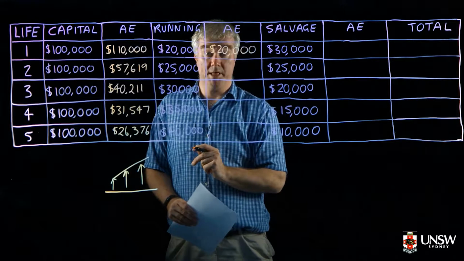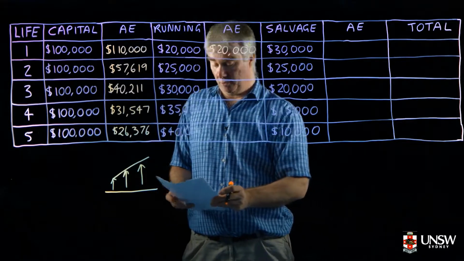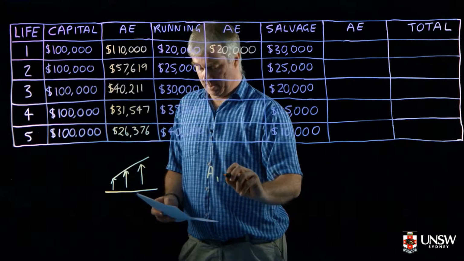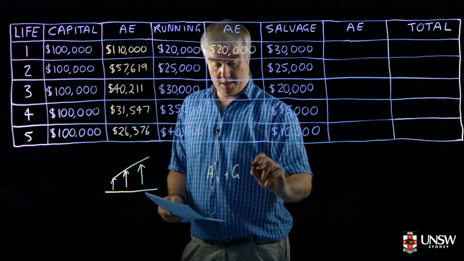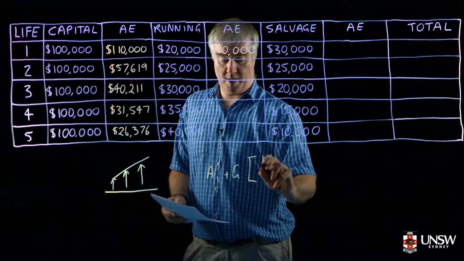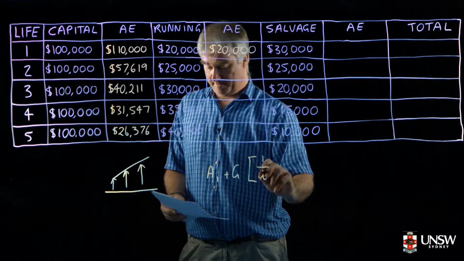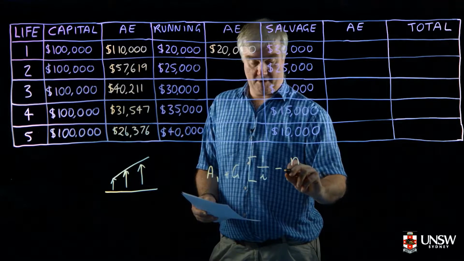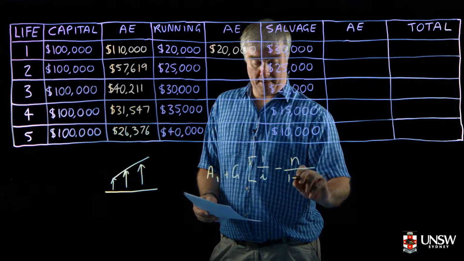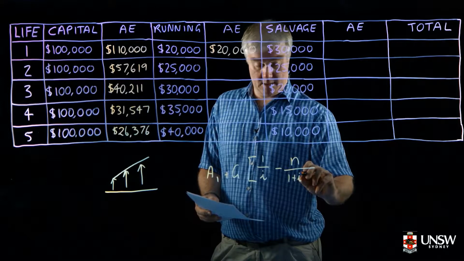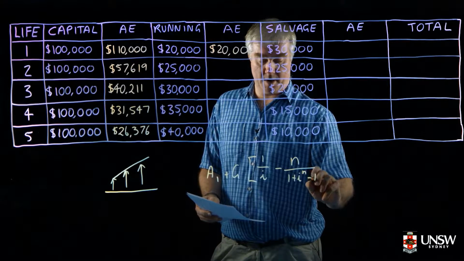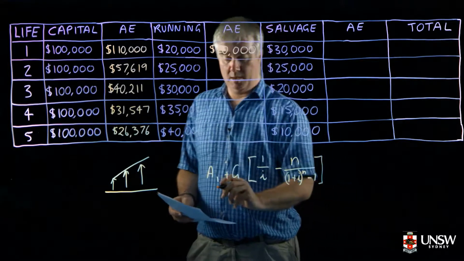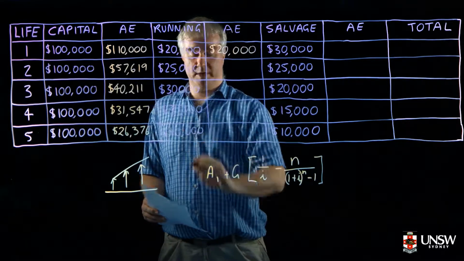Now we have a formula for this, so let's use the formula. The formula was A1 plus G times 1 divided by I minus N divided by 1 plus I to the N minus 1. So A1 is the $20,000.